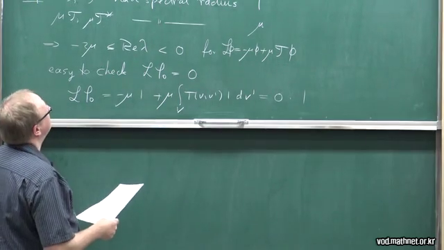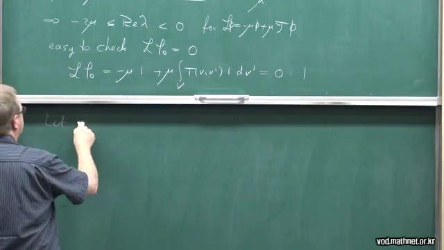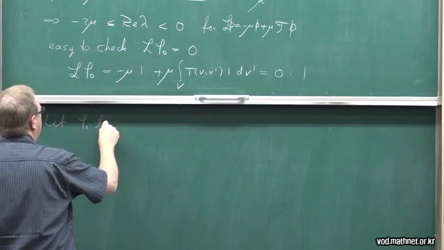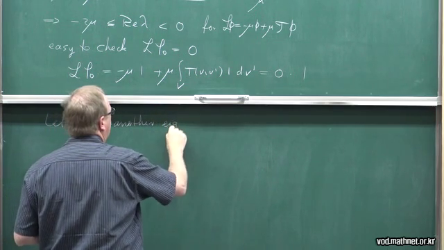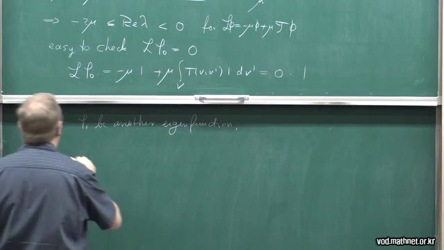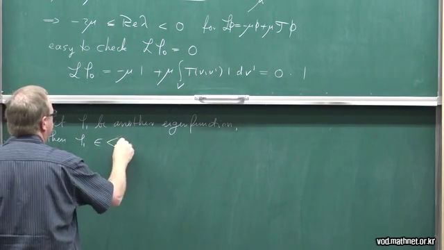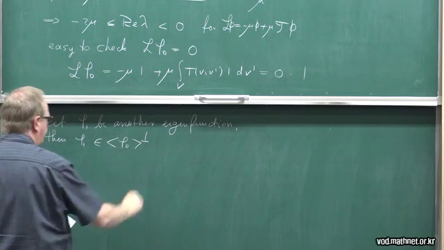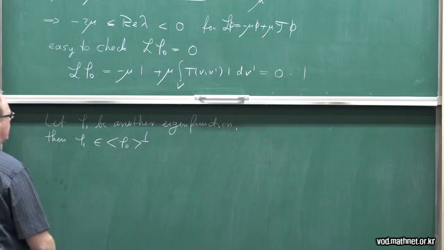So then the mass thing. So consider another eigenfunction. So let phi 1 be another eigenfunction. Well then, phi 1 must be orthogonal to phi 0. Yeah, so phi 0 was a unique leading eigenfunction, so any other eigenfunctions are orthogonal.